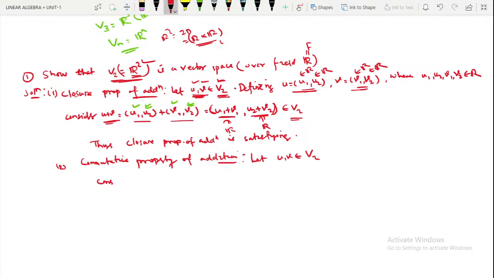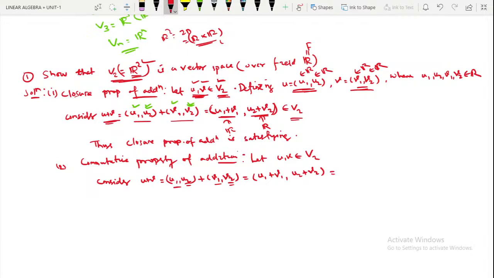I start from u plus v: this is (u1, u2), that is your u, and (v1, v2), that is your v. Its addition is coordinate-wise, first coordinate with first coordinate, then second with second. So this is (u1 plus v1, u2 plus v2).